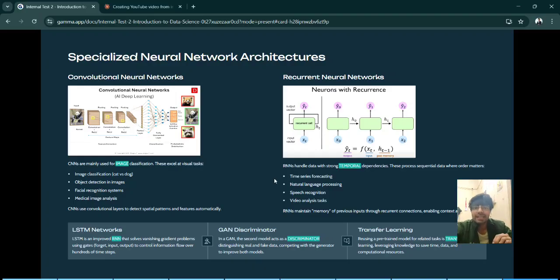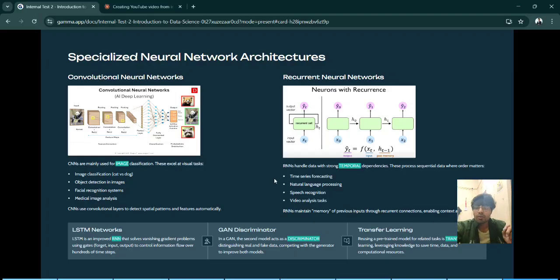So question number 31. RNNs handle data with strong blank dependency. So the answer is temporal, or sequential or time. Recurrent neural networks are designed for sequential data where order matters.